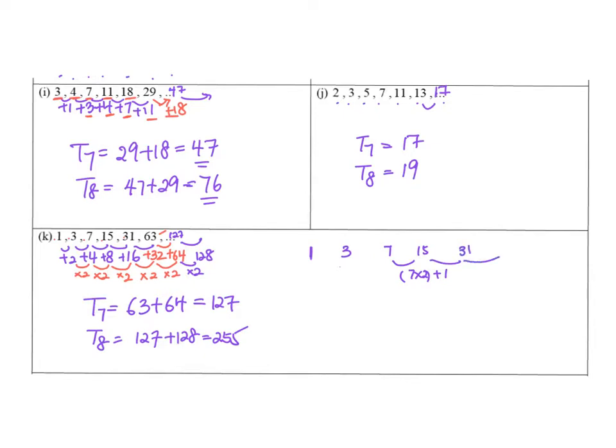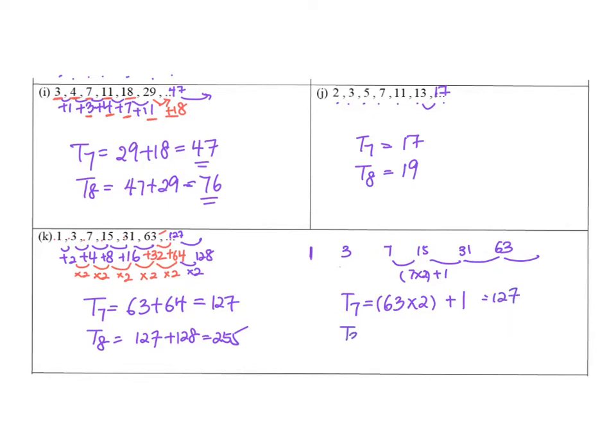Then 31 times 2 is 62, plus 1, that gives me 63. So for the next number, T7 can also be from 63, I multiply by 2, and then I add 1 to it. So 63 times 2 plus 1 will give me 127 as well.